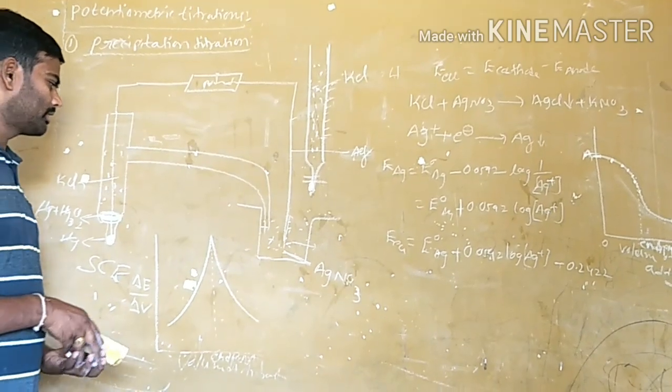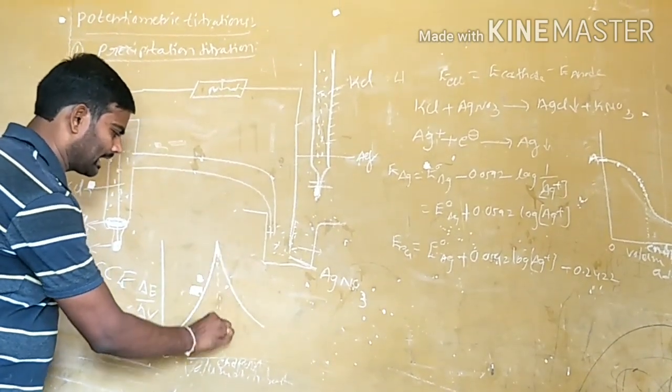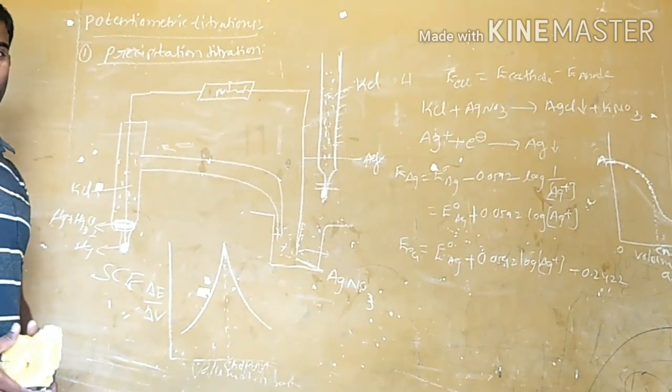We get a curve like this, and from this we can get the exact endpoint value. This is about precipitation titrations.